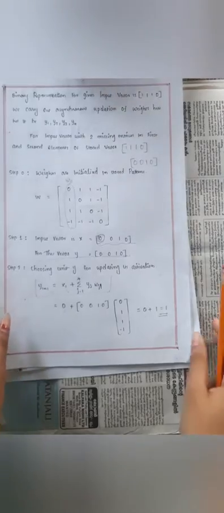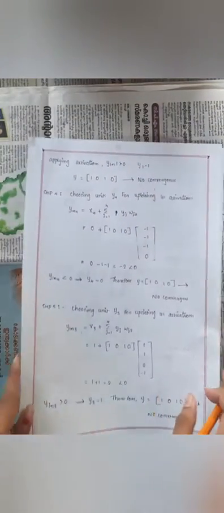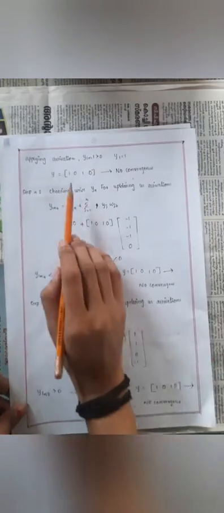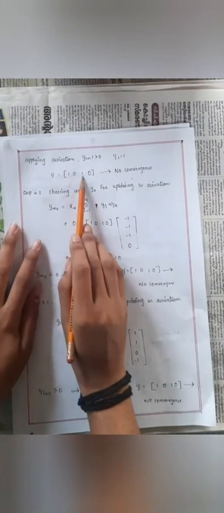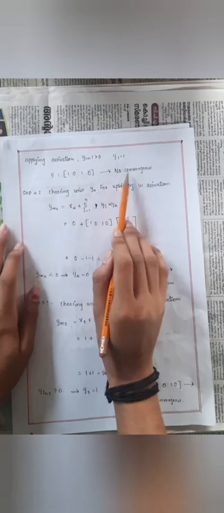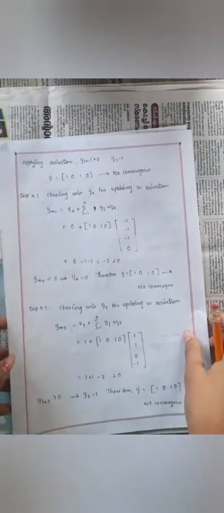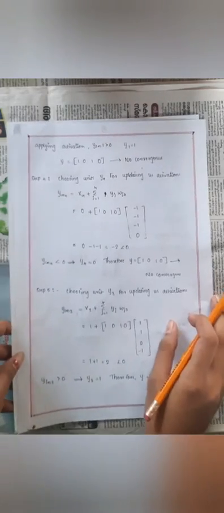It is greater than 0, so the value of y is equal to 1. So we rewrite the matrix as a binary matrix as 1 0 1 0. So it is not in convergence, so we repeat the steps and choose the next y.